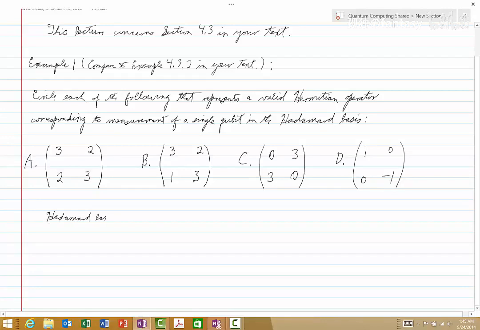The Hadamard basis is the plus ket and the minus ket, and remember that the plus ket is 1 over square root of 2 times the 0 ket plus the 1 ket, and the minus ket is 1 over square root of 2 times the 0 ket minus the 1 ket.